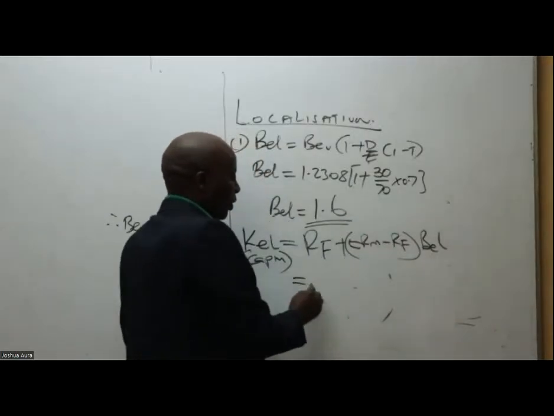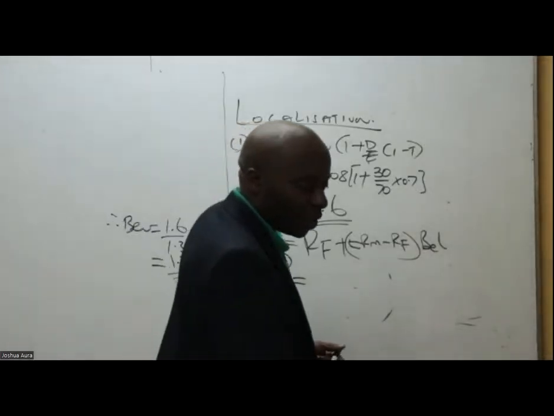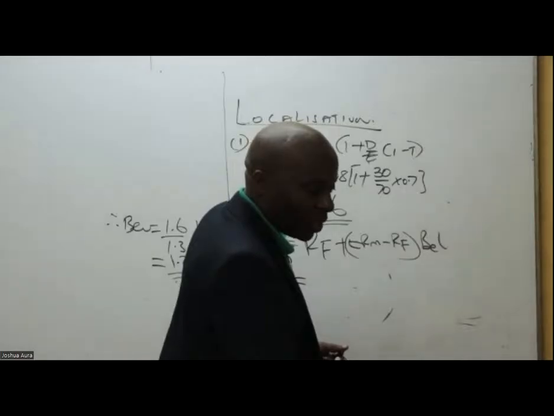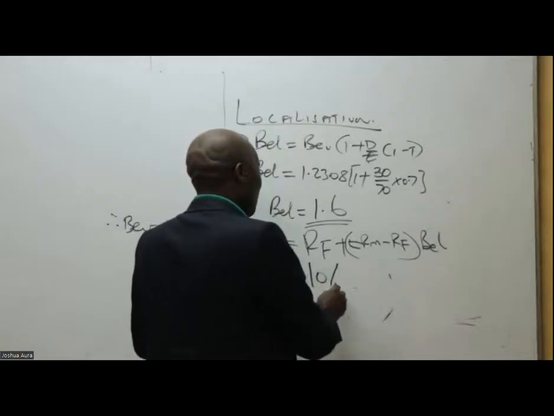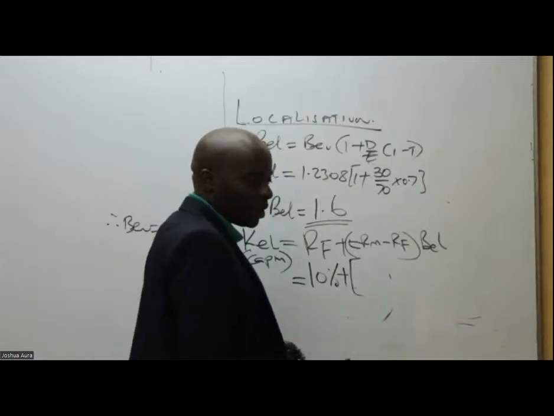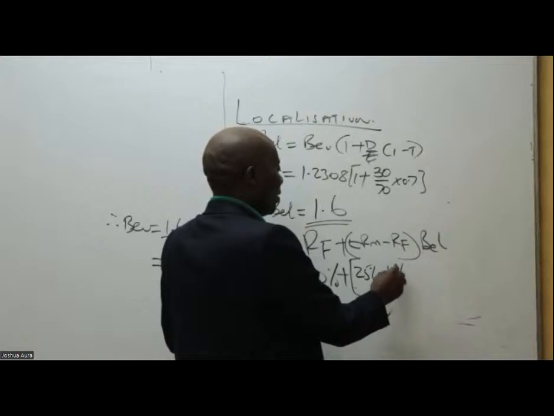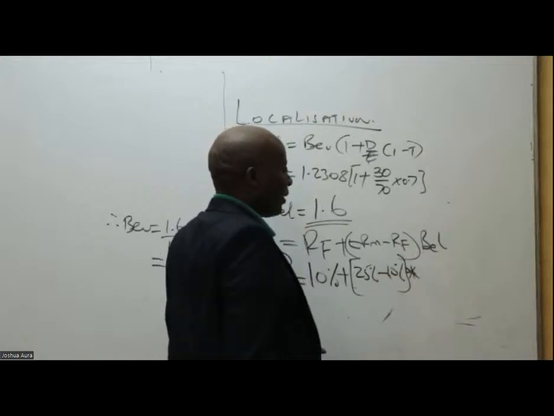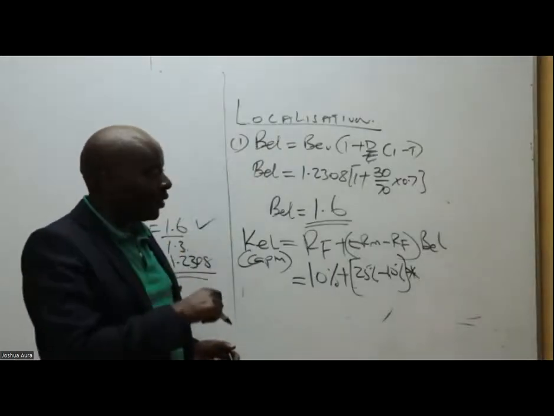Risk-free rate of return is 10 here. Plus, market returns are 25, minus 10%, multiplied by beta equity of the levered organization.